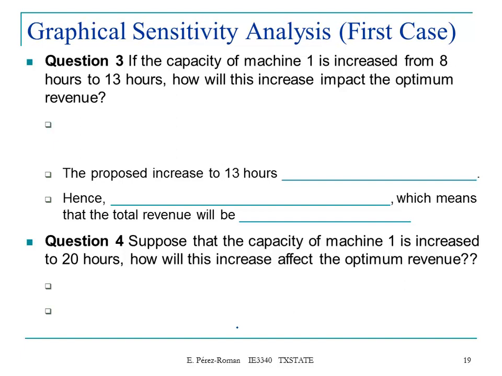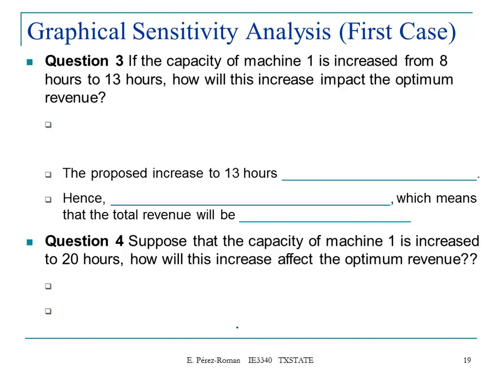Question 3, if the capacity of machine 1 is increased from 8 hours to 13, how will this increase impact the optimal solution? Would you be able to compute that? So you saw that an extra hour gives you $14.